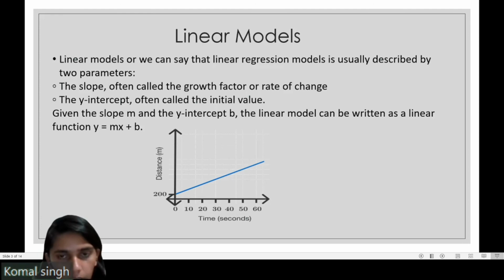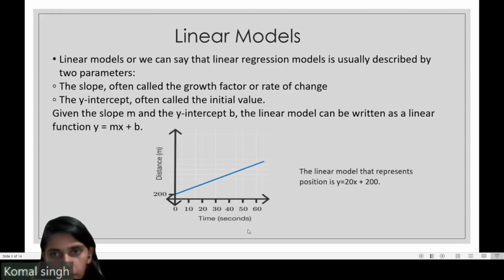So here we just have to find the slope value, which is 200 divided by 10, the final value minus the initial value of the dependent variable. Here the intervals are 10, 10. So 200 divided by 10, we get slope equal to 20.